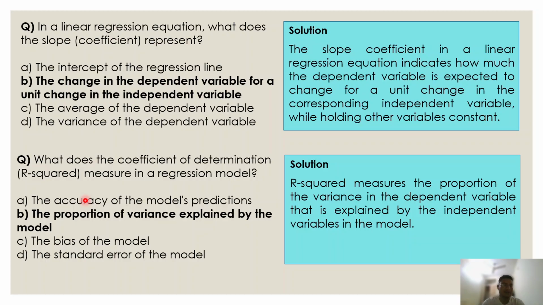Accuracy has its own formula, so that's why I did not give A as the correct answer. In casual terms you can say accuracy, but in mathematics accuracy has a different meaning. So the correct answer is the proportion of variance explained by the model. That's what R square helps you measure.